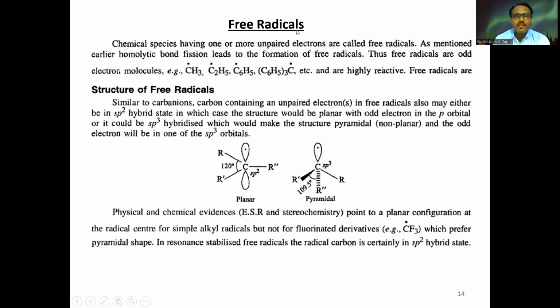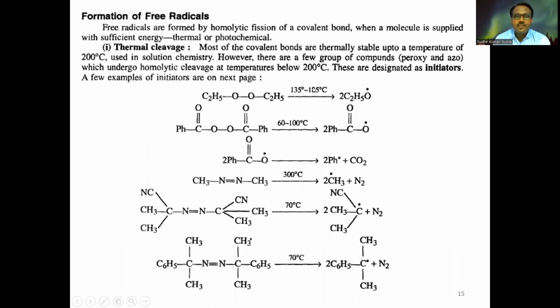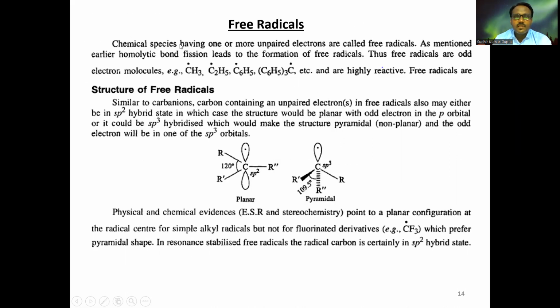Now if you go for free radicals, free radicals are formed by homolytic cleavage. So in this case, the species has one unpaired electron, and here the structure is possible in both ways, sp2 or sp3.